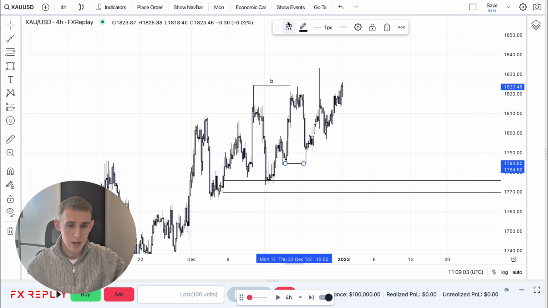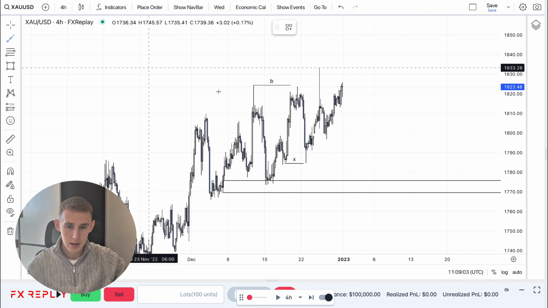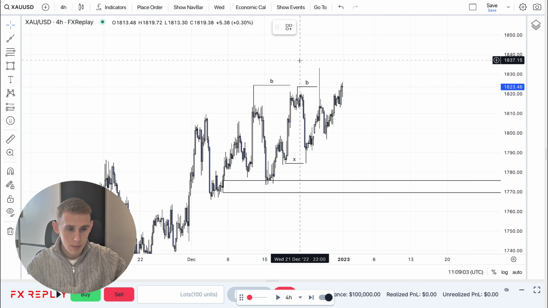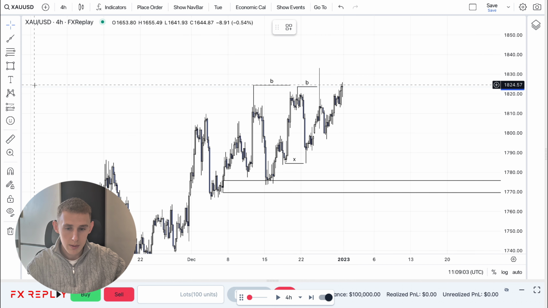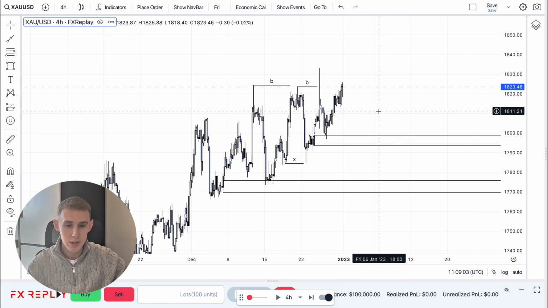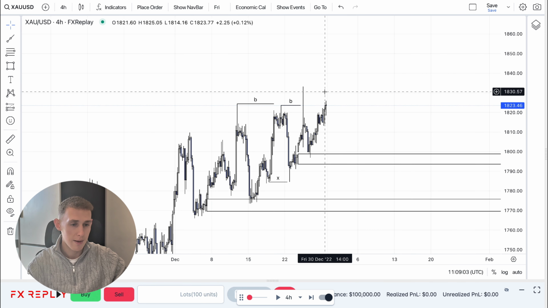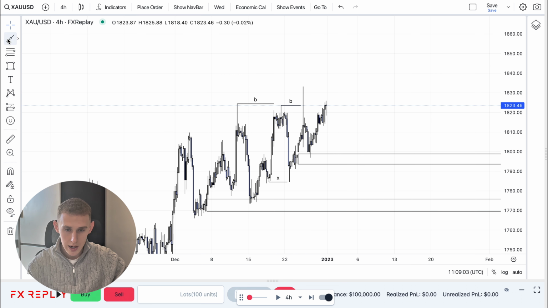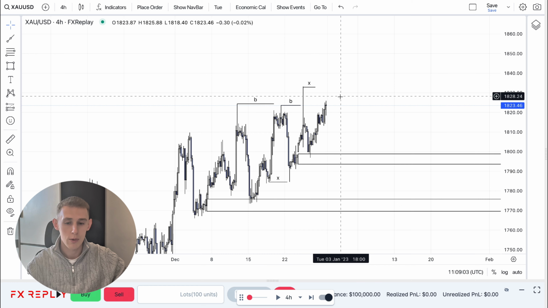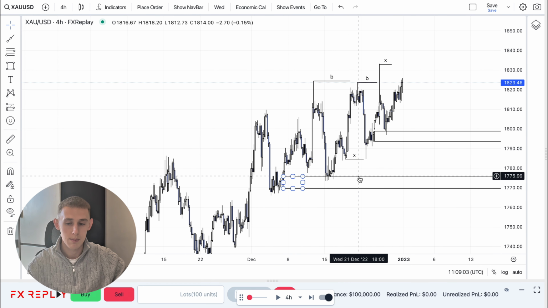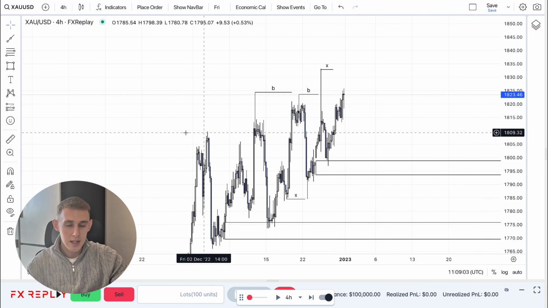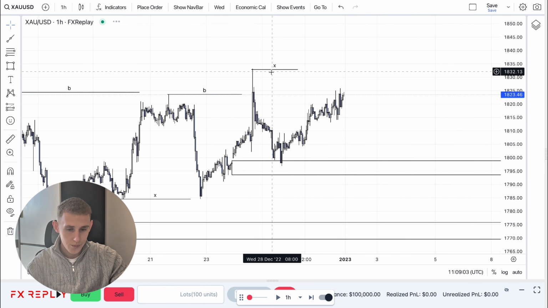We then had another rally, price broke this high once again, and then we've also pushed back down again, reacted from this sort of demand. So what we can see now is price pushing up into this clear drawn liquidity that we have up here. So this is going to be the first target for our buying positions. As I said, higher time frame is bullish, therefore we're only looking for buys. I'm not looking to sell counter to this very evident trend. And yeah, this high up here becomes the first target for the buys.